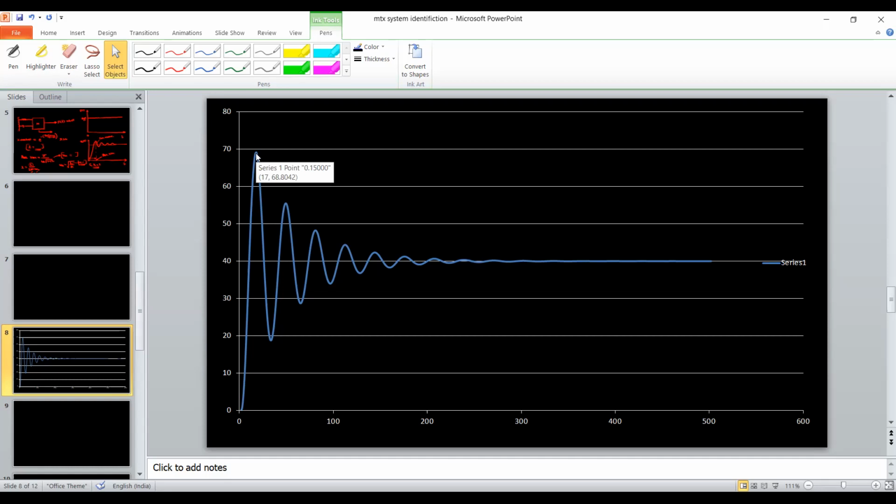So we have the value, this 0.15, this is the time, and 68.8, this is the maximum value. Okay.